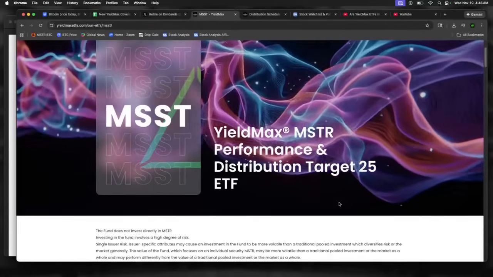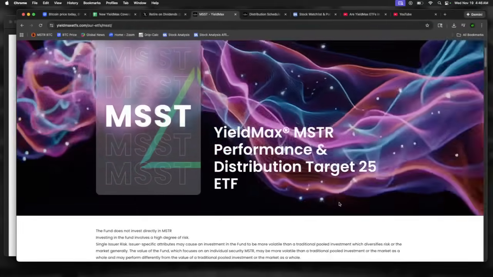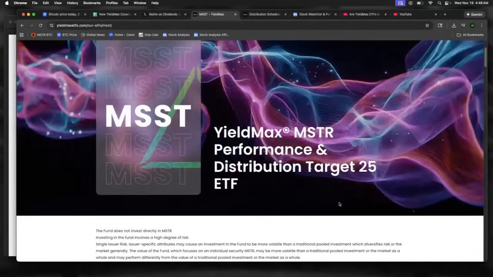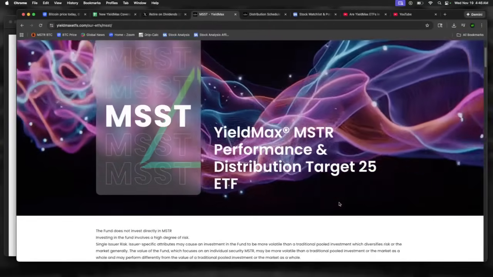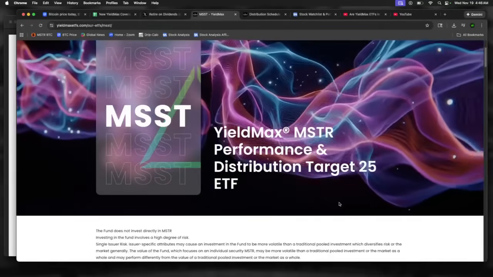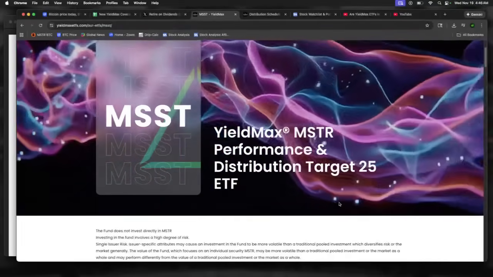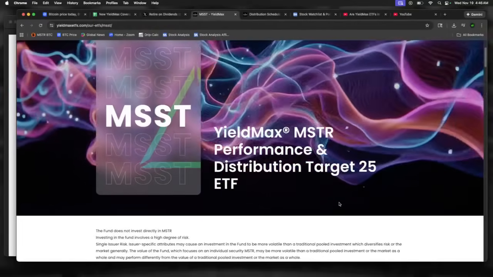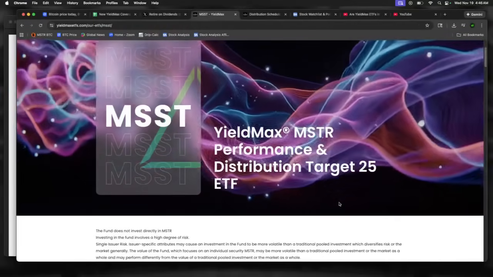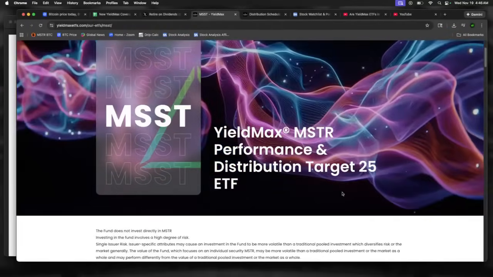However, it's going to be, let's say, less aggressive, collecting premium, and paying a consistent 25% annualized yield. Because when you're paying a 25% yield, say, versus maybe a 50 to 70% yield, you can adjust your strategy.